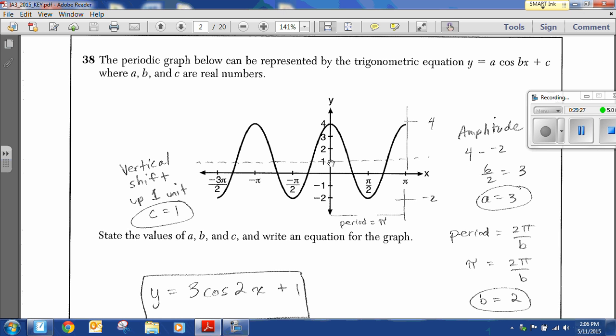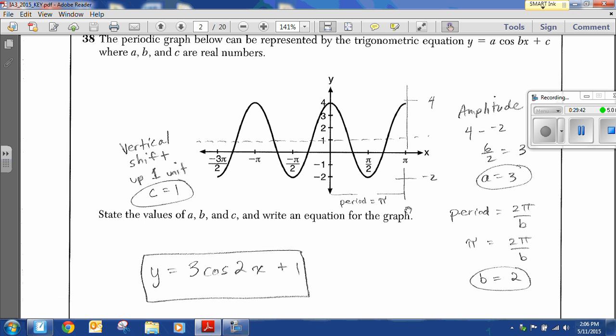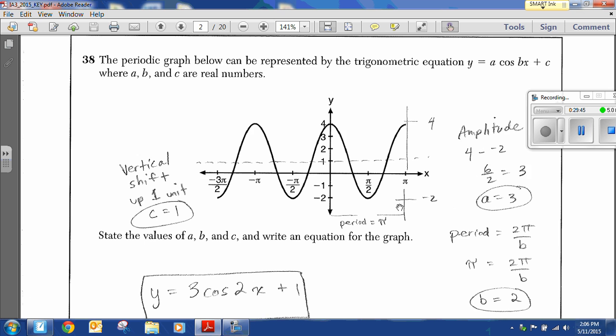Now the amplitude, again, like we said, 1, 2, 3 to reach the very tip top, and 1, 2, 3 to reach the very bottom. So the amplitude is 3. A equals 3. Finally, let's find out what B is. Since we can tell that a full period takes place from here to here, right?